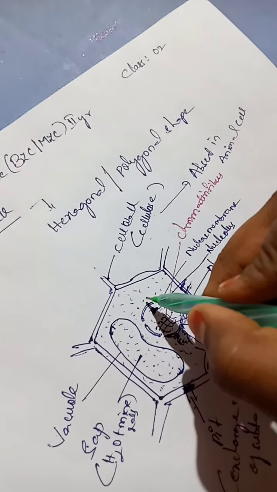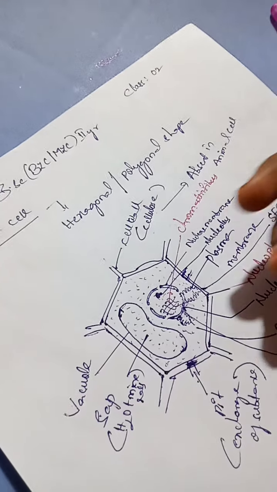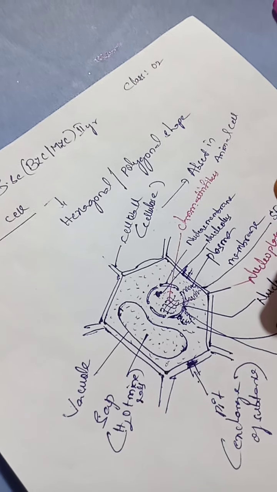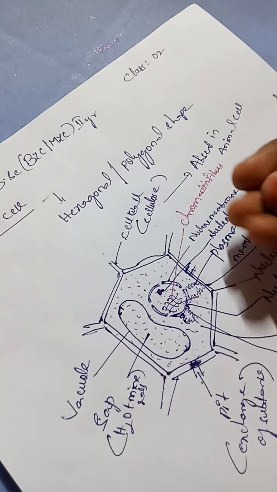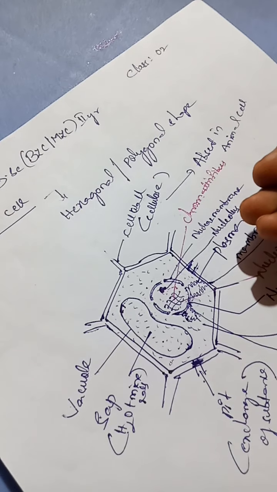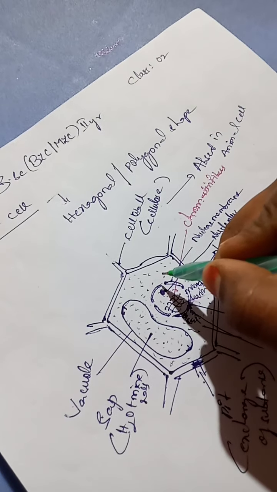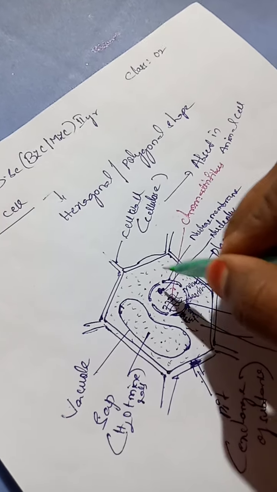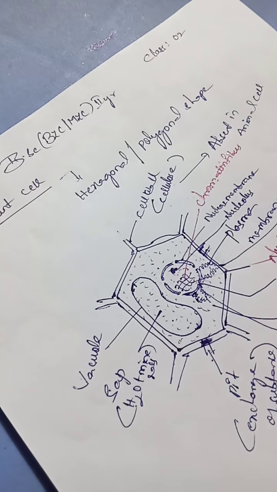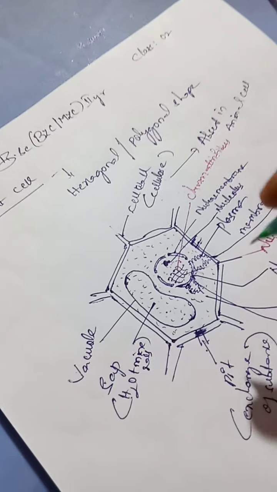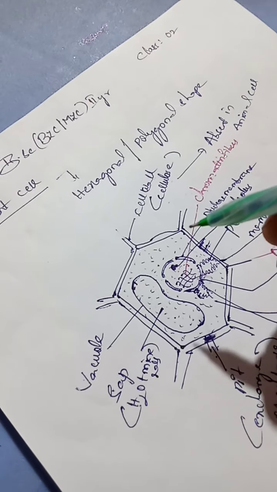Next we are going to discuss the Golgi body. In the animal cell also we discussed the Golgi body, which is also called Golgi complex or Golgi apparatus. But in the plant cell, their number will be more, depending upon their metabolic rate.